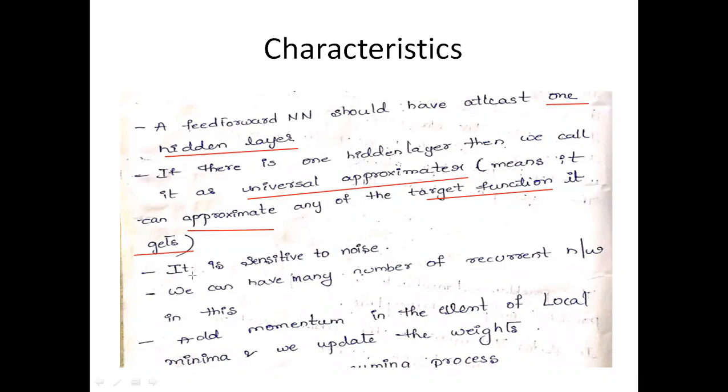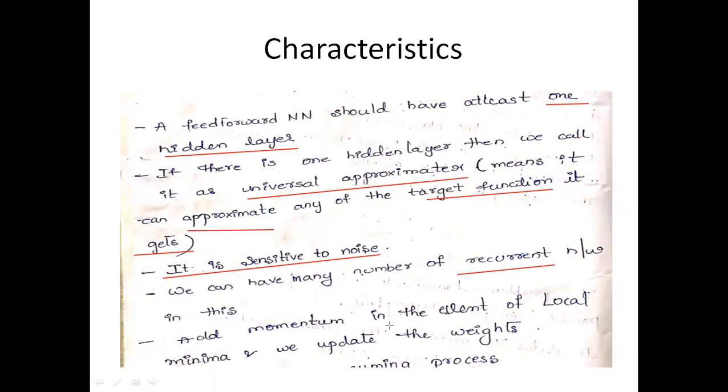And coming to the third one, it is sensitive to noise, which means if any kind of noise occurs in this network, the result will be affected. It is a very sensitive network. And the fourth one is that we can have recurrent networks in this. It is a feed-forward network now, but sometimes we may want to call back, so this network is represented going back.